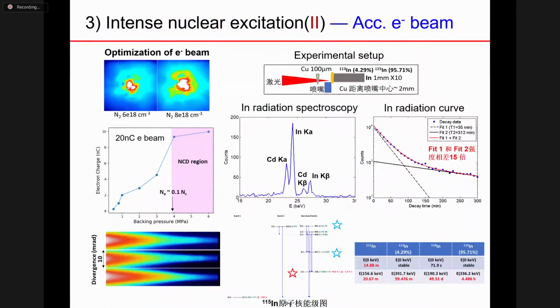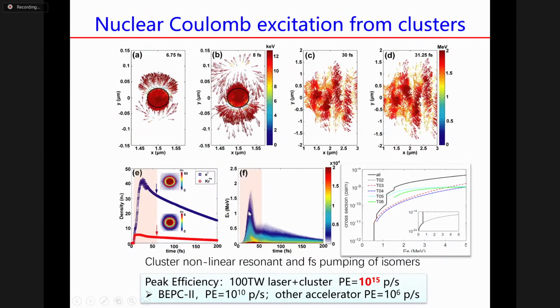The electron energy actually is not so high. It's only around an MeV or several hundred keV.